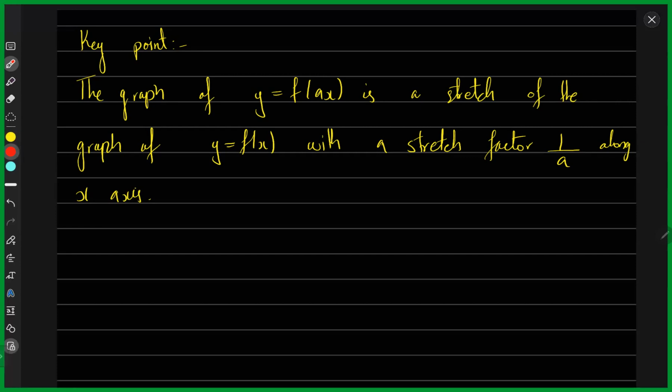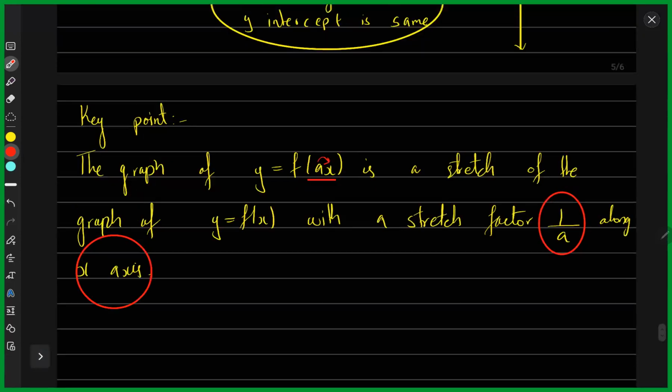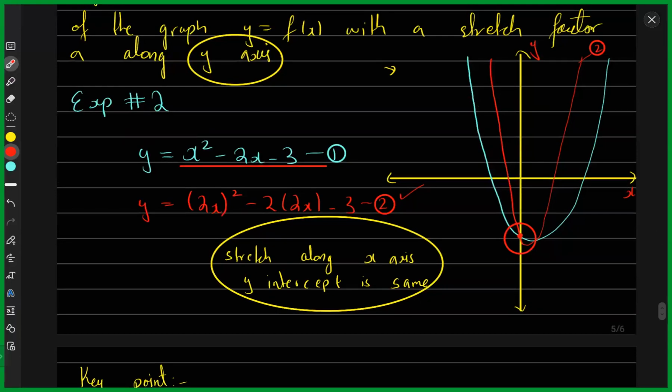Okay. Now it's ax. You have multiplied the number with x directly, so it would certainly be along the x-axis. But the stretch factor was not a, and you guys were able to see that as well. The stretch factor was 1 by a. That is why when we made this red graph, it actually shrank compared to the blue graph, right? So this is the idea for stretch.